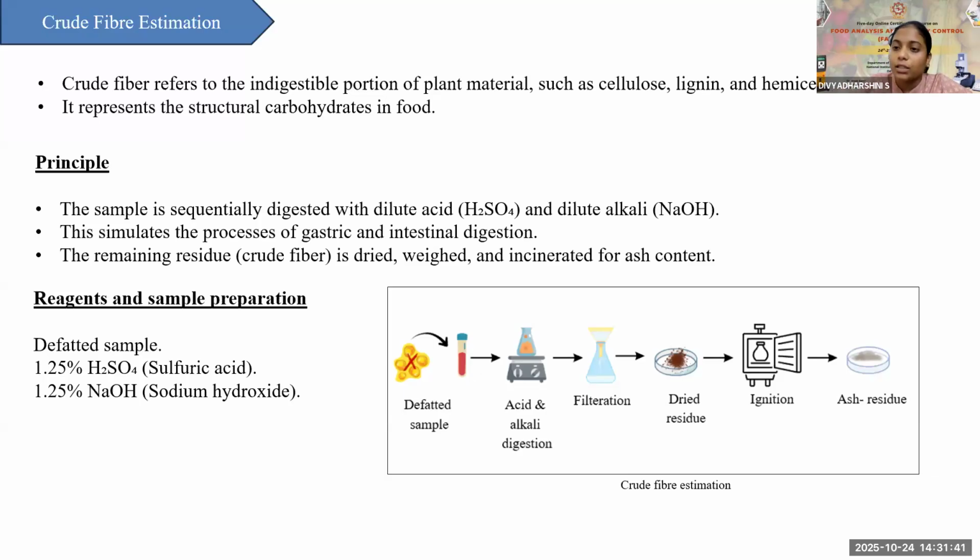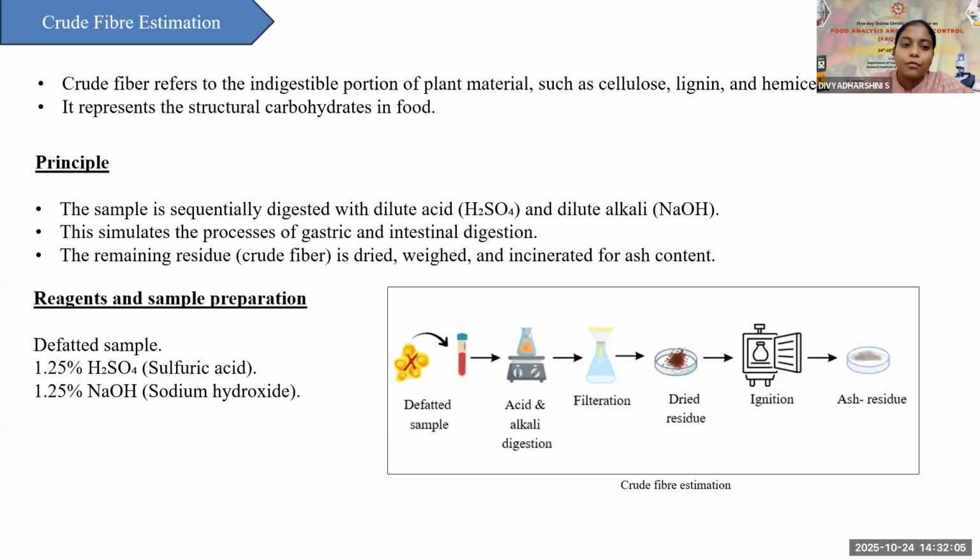Otherwise, we have to go through defatting again, using continuous Soxhlet extraction. The reagents are 1.25 percent sulfuric acid, H2SO4, and 1.25 percent NaOH, sodium hydroxide. These are the reagents required for crude fiber estimation using the acid alkali method.